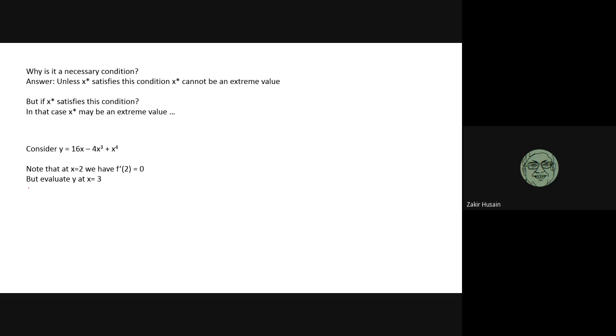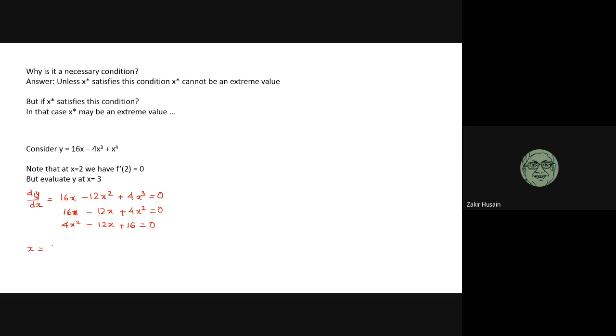Okay, so if we have this condition, take the first differential. If I take the first derivative, I'm going to get, setting this equal to 0, 16 minus 12x plus 4x square equal to 0. So what is x?